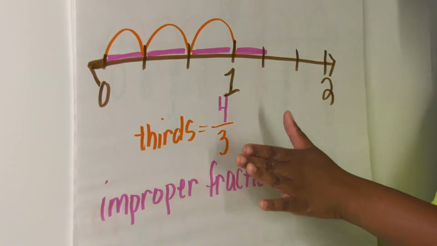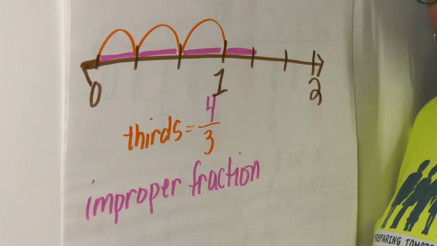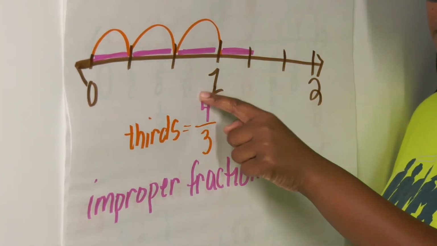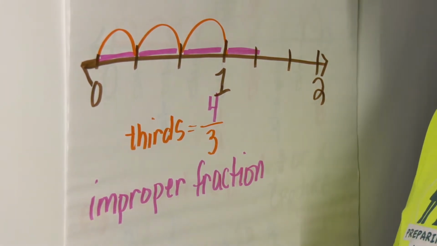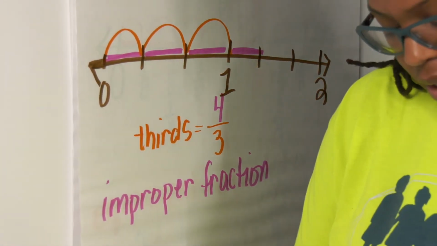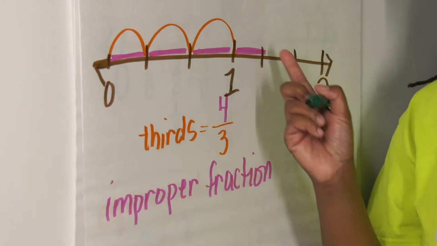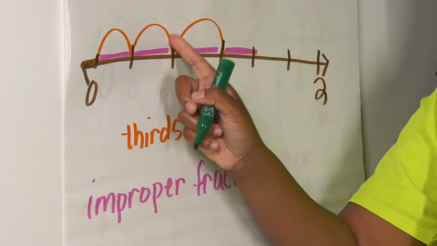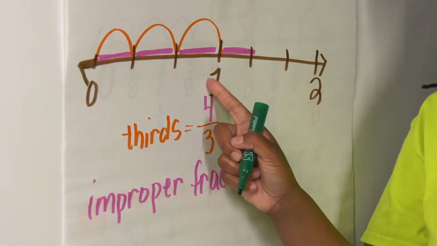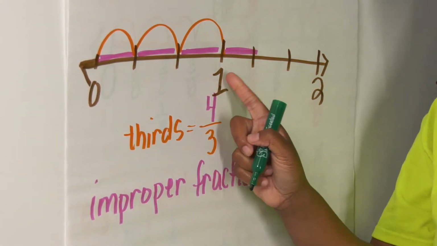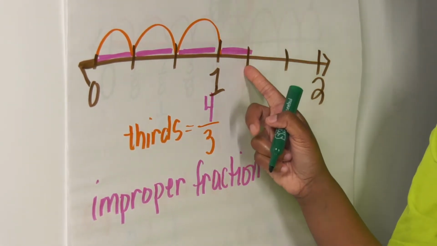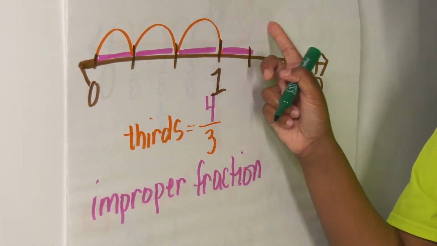Now, this can be written two ways: as an improper fraction or as a mixed number. I know you're like, well, what is a mixed number? Some of you may already know. Look at our number line. We had 1, 2, 3, and we had a whole. So this was 1, and we already know our number line is in thirds.